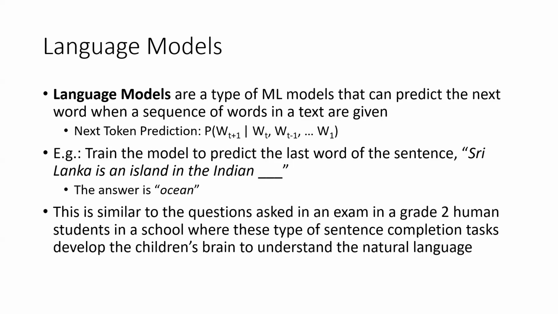Right. So take it like this. In natural language, I ask a question like "Sri Lanka is an island in the Indian", and I am asking the model to predict the next word. The obvious answer is "ocean", right? So Sri Lanka is an island in the Indian Ocean. When I ask you this question, the answer is obvious.